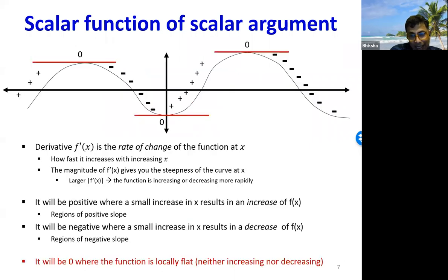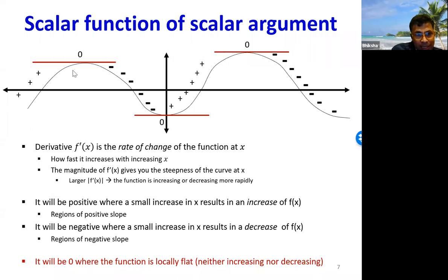Now, what exactly does the derivative at any point show? The derivative is actually the rate of change of the function at that point, basically the slope of the function. So if increasing x increases f of x, like in these regions, then the derivative will be positive. If increasing x decreases f of x, like over here, the derivative is negative.